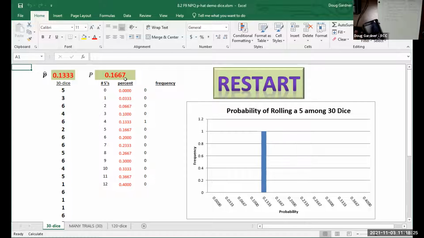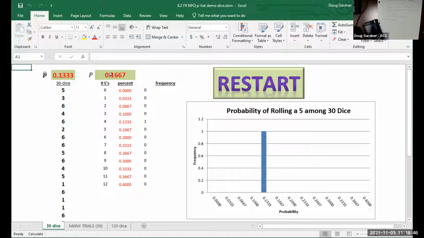And what you should see is exactly what I said up here. Notice I said P. The population percentage is 0.1667. I rounded that off to 4 decimal places accurately. That's actually the probability, the actual probability.